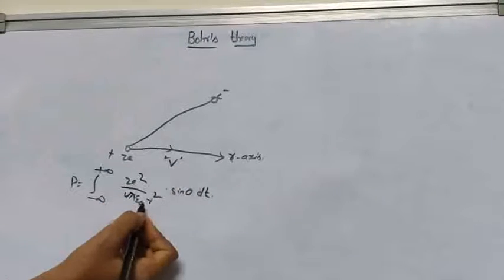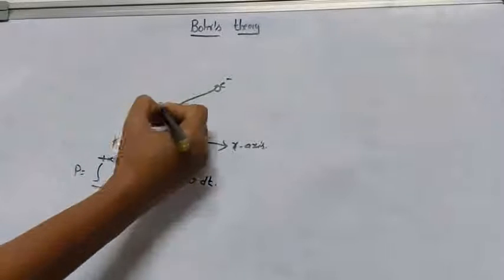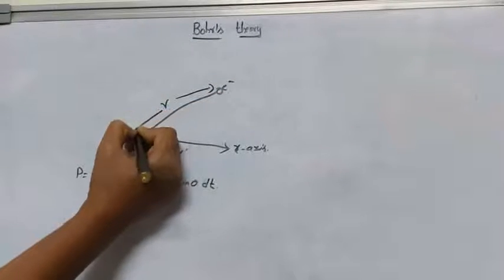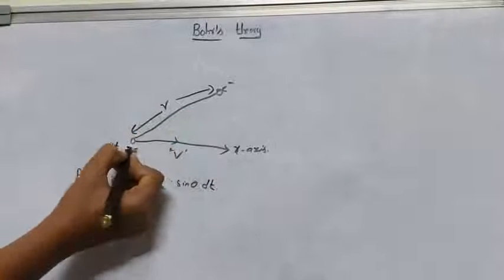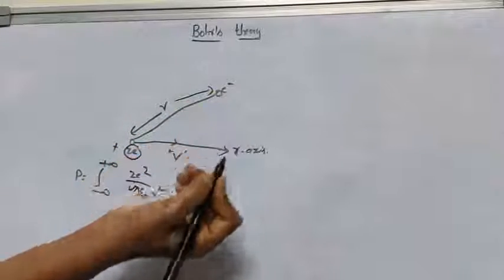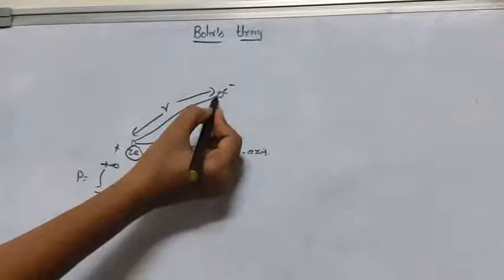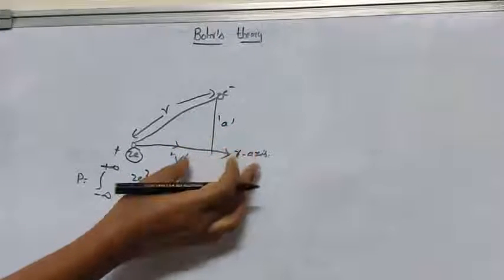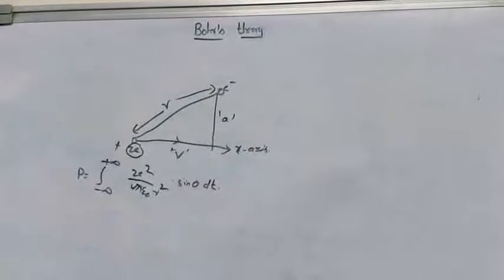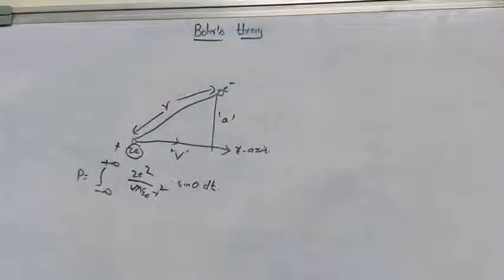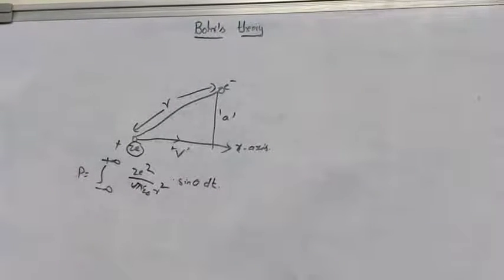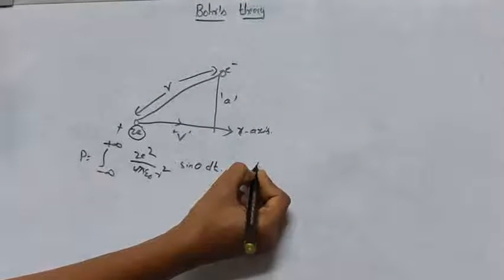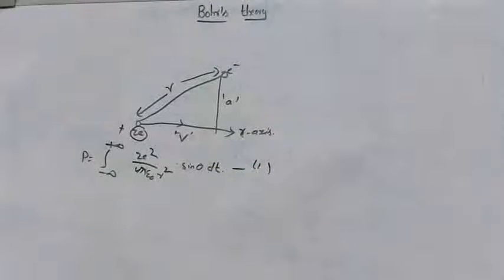Here R represents the distance from the charged particle to the electron, and here A represents the impact parameter. So initially we have considered the transfer of momentum from the charged particle to the electron, and we have labelled it as equation 1.